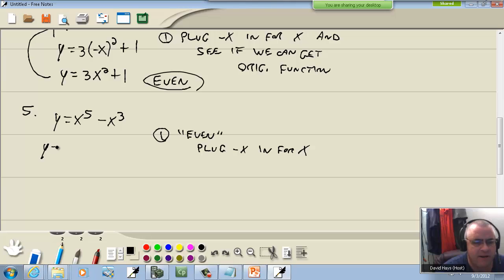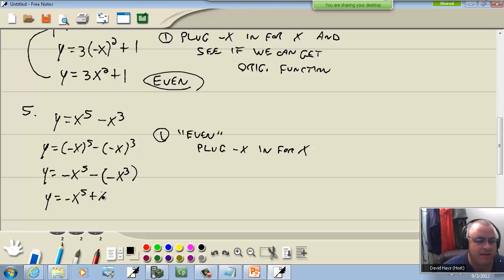Okay, so we got y is equal to negative x to the fifth minus negative x to the third. Well, negative x to the fifth, a negative to an odd power is always negative, so this gives us negative x to the fifth. And here we got minus, and then a negative x to the third power again gives us negative x to the third. So this would become y is equal to negative x to the fifth plus x to the third.